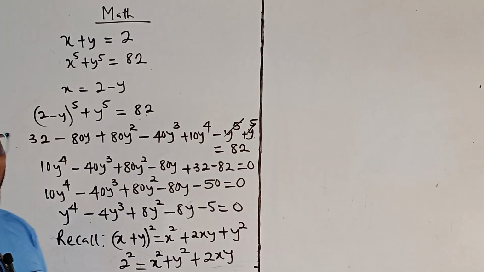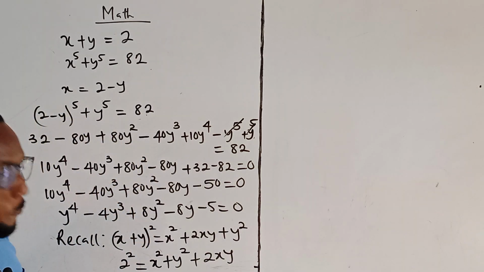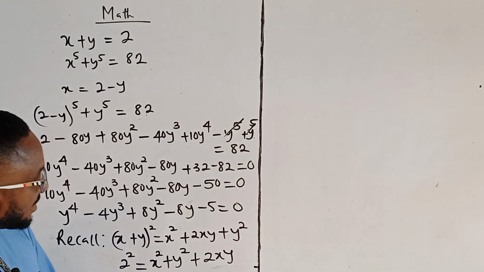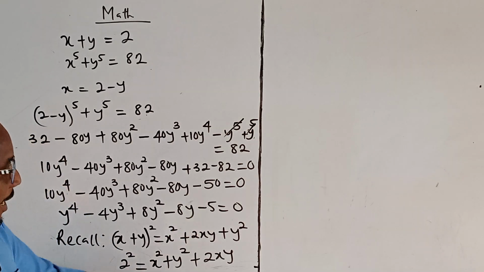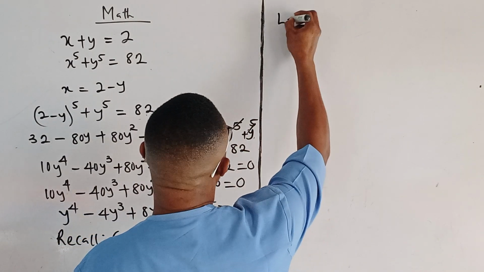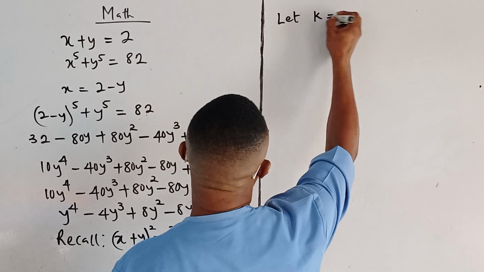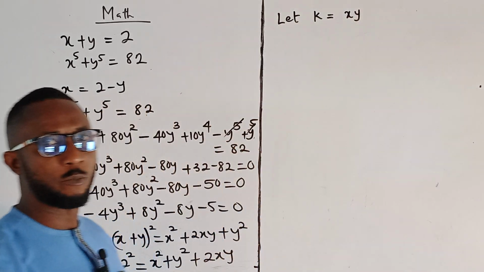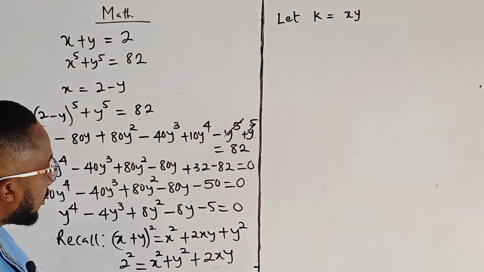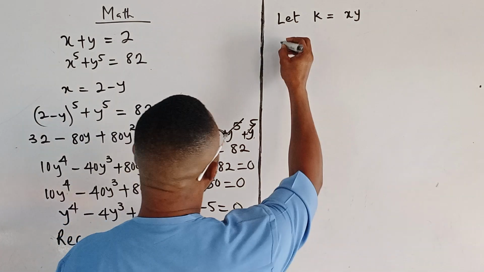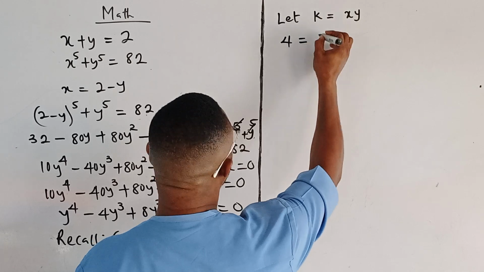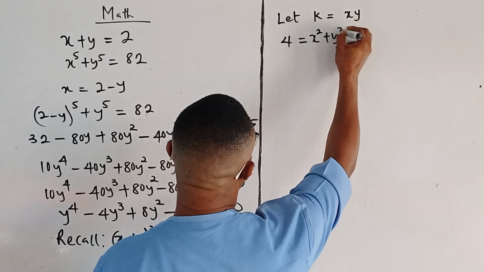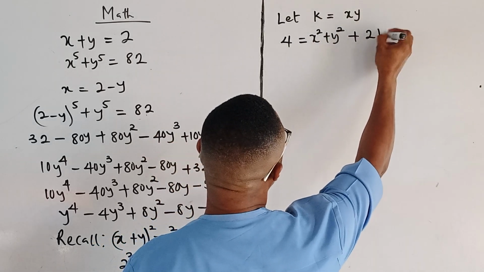Okay, this makes sense. Then, to make things simpler, I have to make a substitution here. Let k equal xy. This is going to help me refine the context of this problem. Then I'll have 4 equals x squared plus y squared plus 2k.